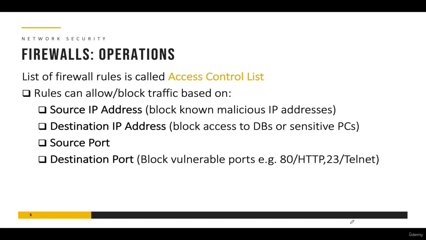For example, as we discussed previously, HTTP, which operates on port 80, the web server, is vulnerable to attacks because it transmits all of the data in plain text. It's a very bad idea. So you may add a rule that if there is traffic destined to port 80, block it. Even if you have an HTTP server running by mistake, and it shouldn't run in the first place, you should have HTTPS running on port 443.